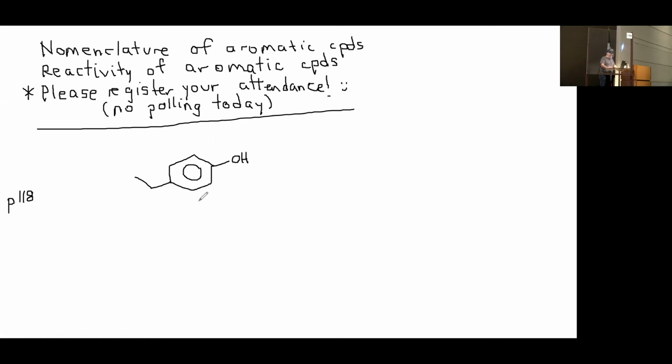I guess that name's not terrible, but I would hope that the OH would take priority. That's another one that's on the table on page 118, phenol. So I really do believe that's best named as a phenol. You see we've got an ethyl in the para position, or 4 position, and you can use either.